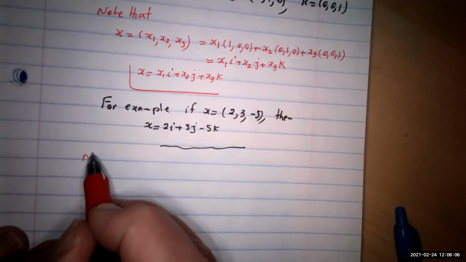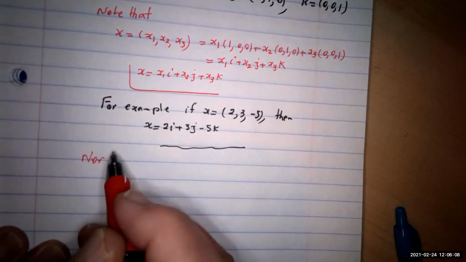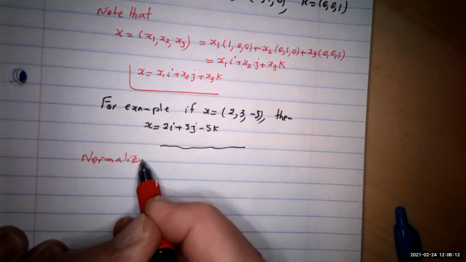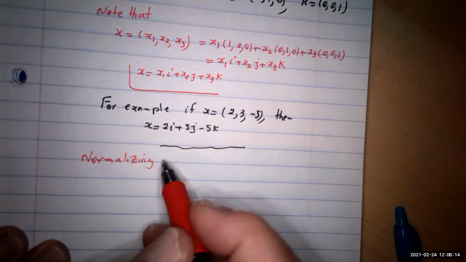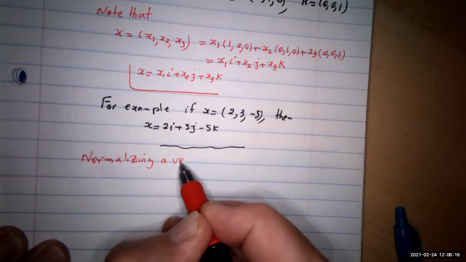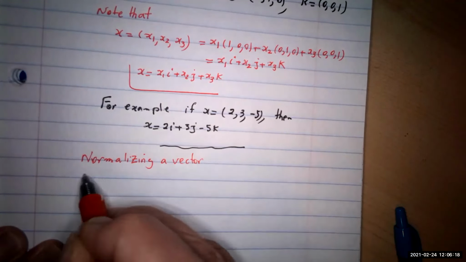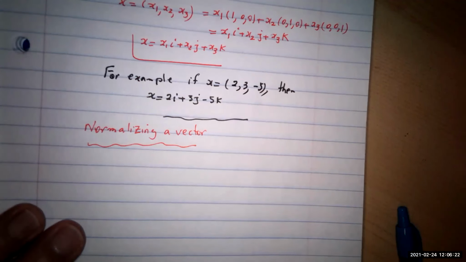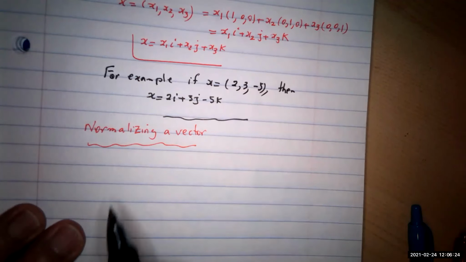So what is normalizing a vector? Normalizing a vector changes it into a unit vector.